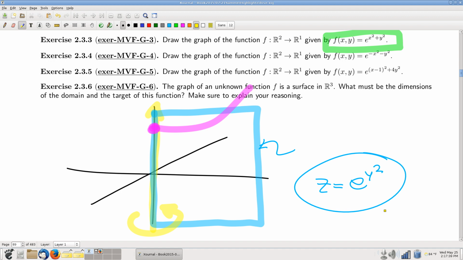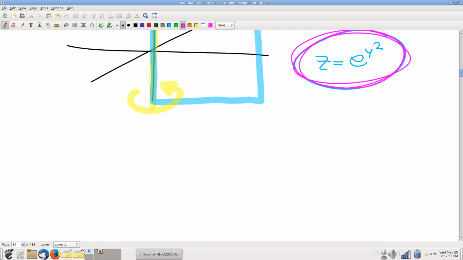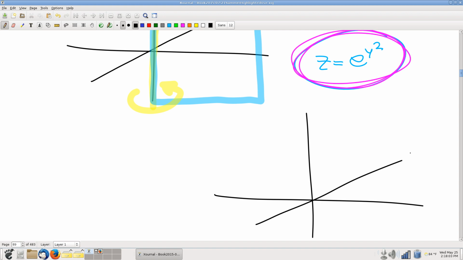So how would you actually draw this? What I would draw is I would give two pictures. I would say that this is that curve, and then I would come down a little lower and try to draw the surface itself, which is that.